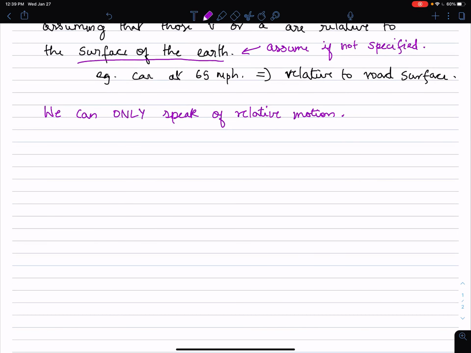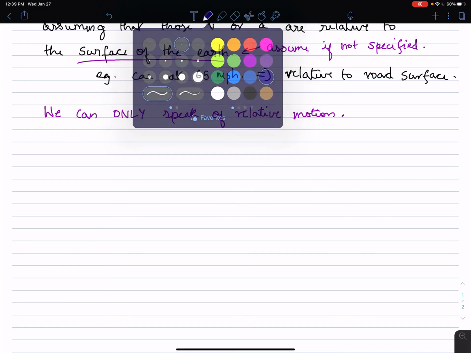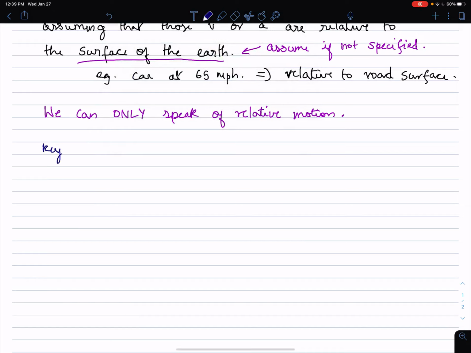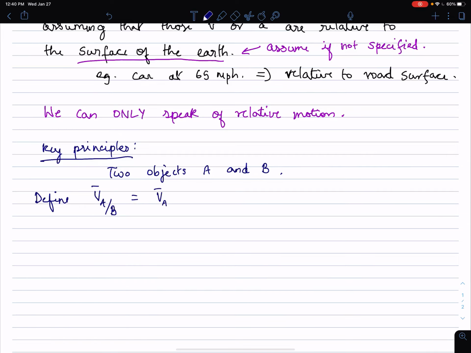So here are the key principles of relative motion. If you have two objects, A and B, then we define the velocity of A with respect to B like so, as velocity of A minus velocity of B. And when we write it like this, these are relative to a common reference, for example, Earth surface.